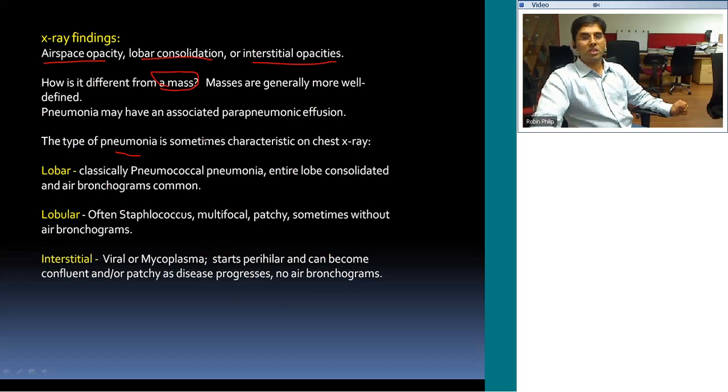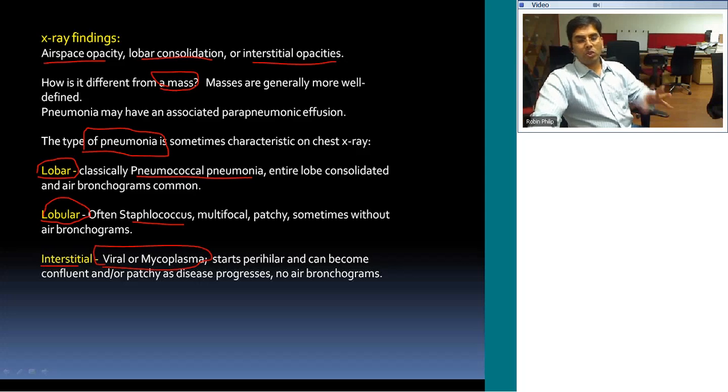And then depending on the type of pneumonia, if there is lobar involvement, usually it is pneumococcal pathology, and if it is lobular involvement, often staphylococcal infections, and if it is interstitial, usually these viral pneumonias. They usually start off as an interstitial process, and then go on to become patchy opacities.